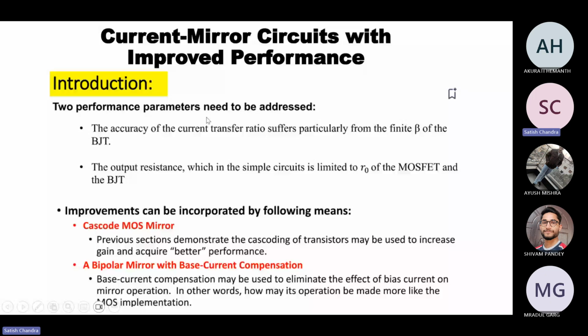The accuracy of the current transfer ratio suffers particularly from the finite beta of the BJT, and the output resistance, which in the simple circuit is limited to the R0 of the MOSFET. The improvement is going to be seen at the cost of a MOS-based circuit.